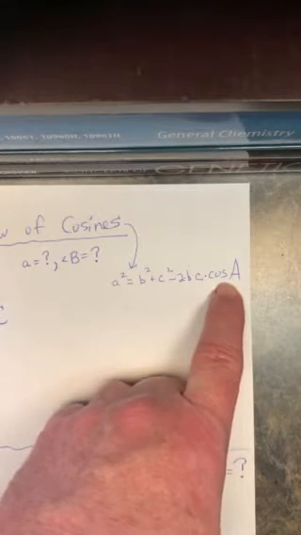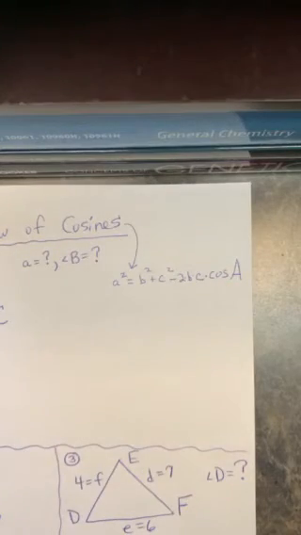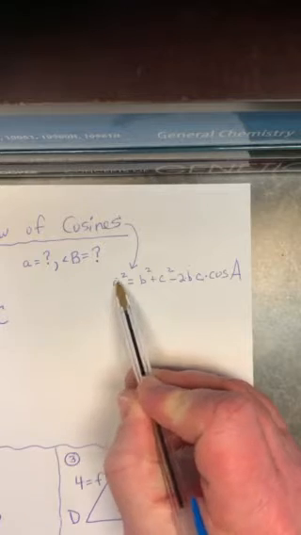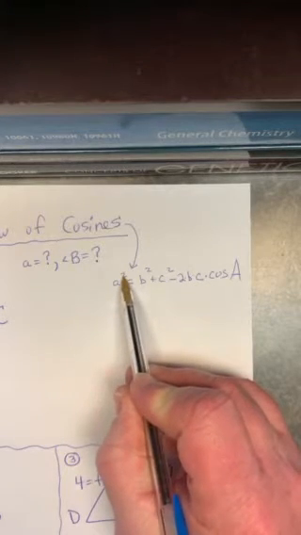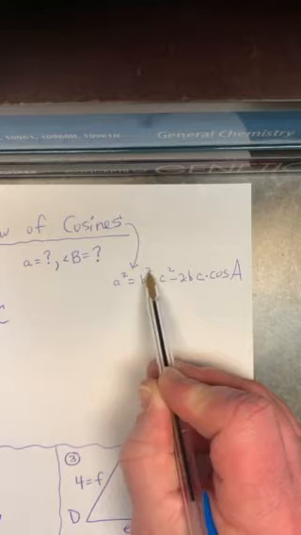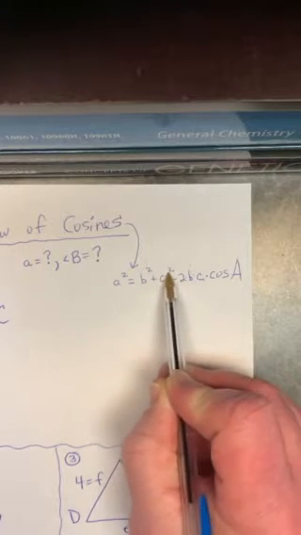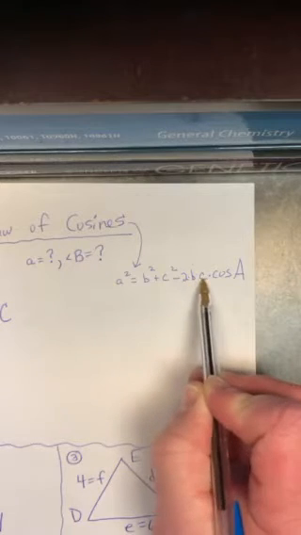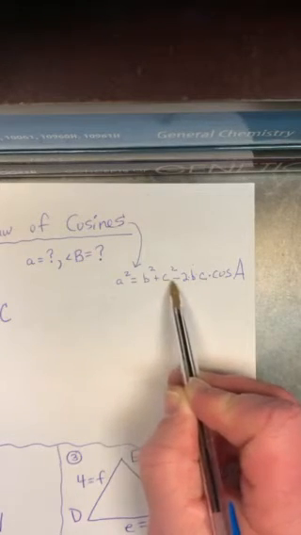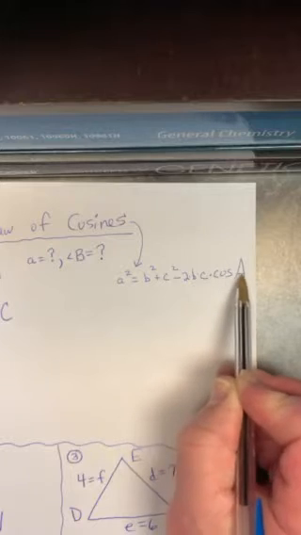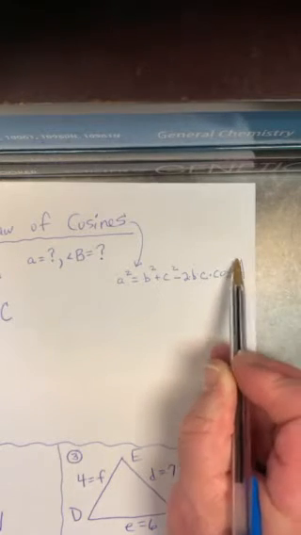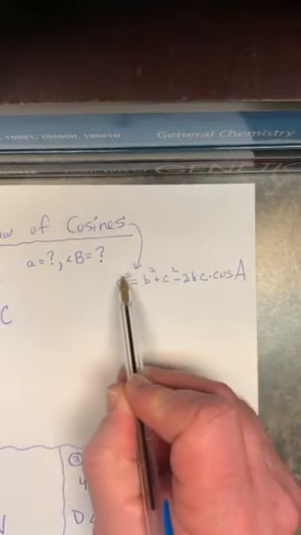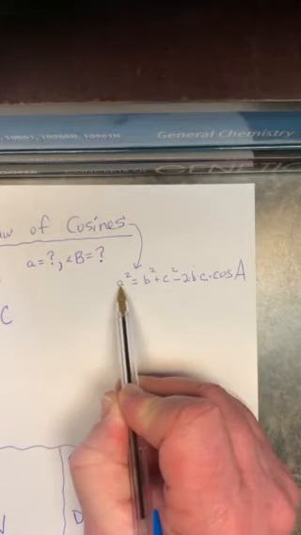What this is really saying, if I ignored the fact that they're A's, B's, and C's, isn't this saying take some side on your picture and square it, set it equal to the second side squared plus the third side squared minus 2 times the 2 sides you just wrote down times the cosine of angle A, and notice the capital letter at the end matches the little letter that I started my formula with.